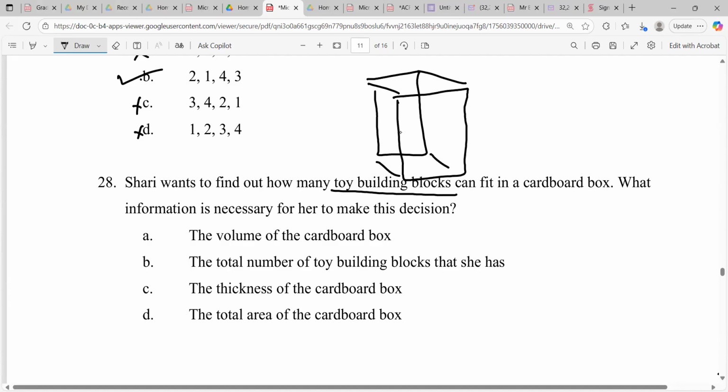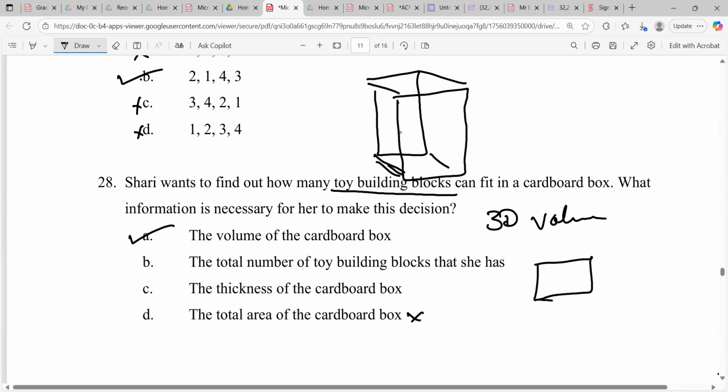And you can put them into each other and so forth, just like the Lego you guys play with. Yeah, but 3D. Because it's 3D, it means volume. If it was two-dimensional, like something flat, then it would have been area. So it's definitely the volume, all right? And the volume will tell us how much space it can occupy.